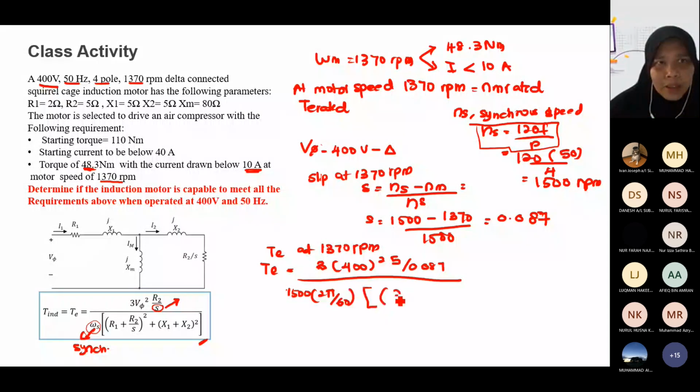R1 is equal to 2, plus 5 over 0.087, squared, plus 5, plus 5 squared. Okay, what do you get for the torque? Please calculate.